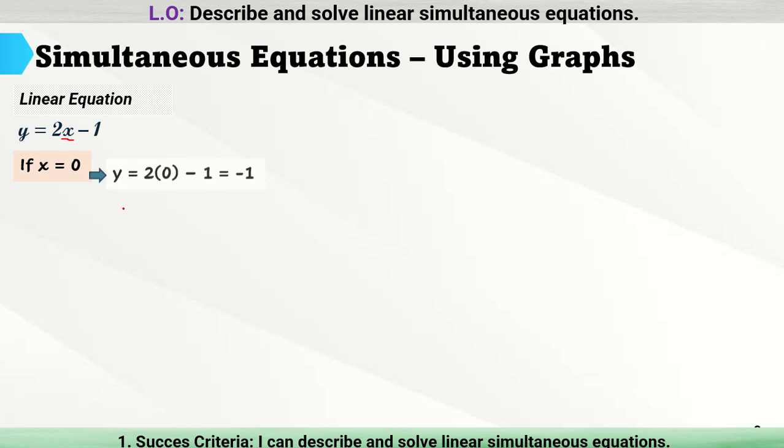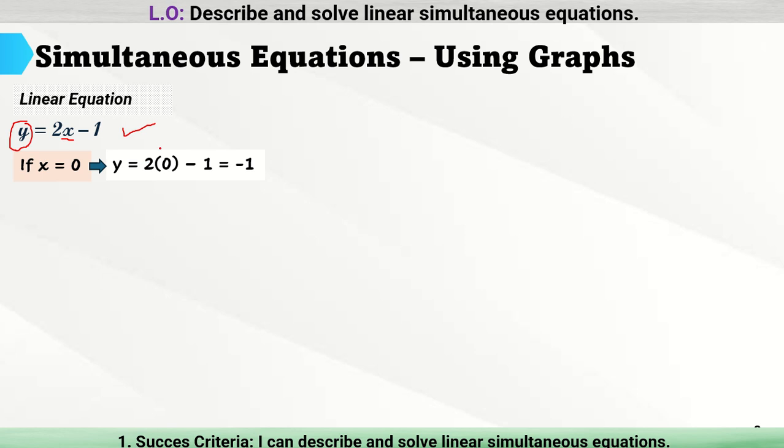So let's do it. y equal 2x, so 2 times 0, because let's suppose x is equal to 0. Why am I doing this? I am doing this just to make the equation a little easier and find out the value of y, right? So y equals 2 times 0 minus 1, which is equal to minus 1.